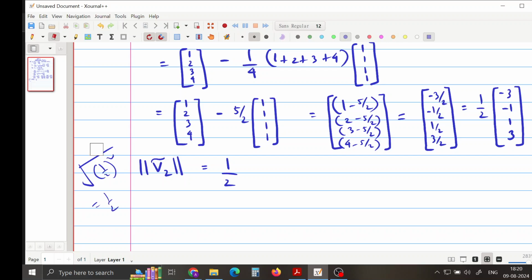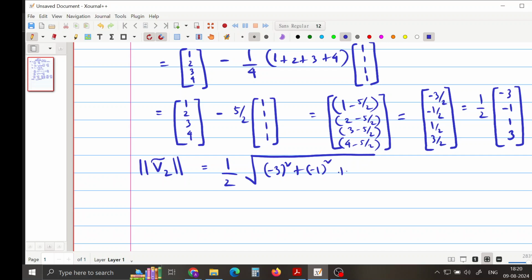So this is half times the square root of the sum of squares of the elements of the vector, which is half times square root 20, which is half times 2 root 5, equal to square root 5.